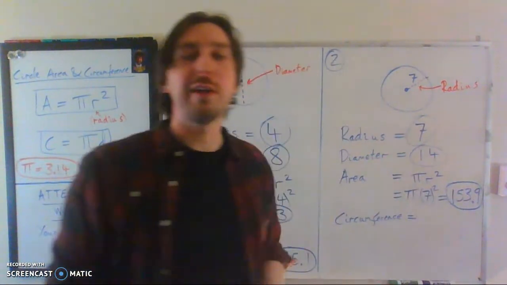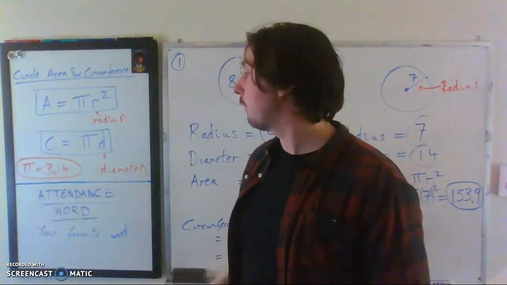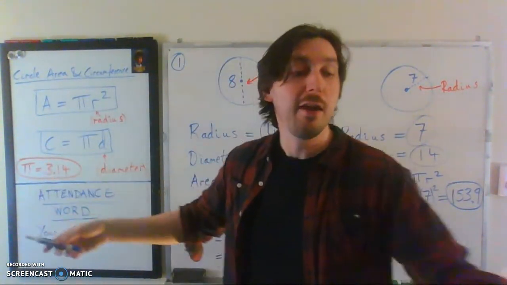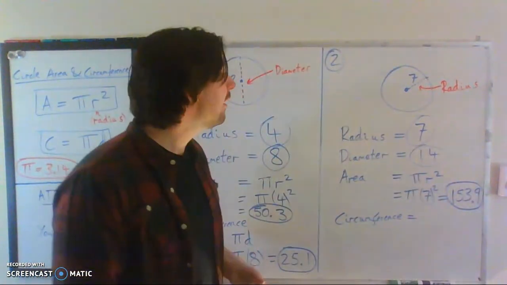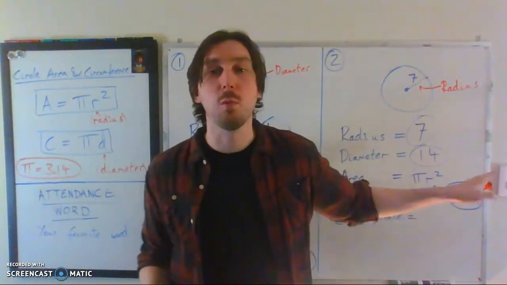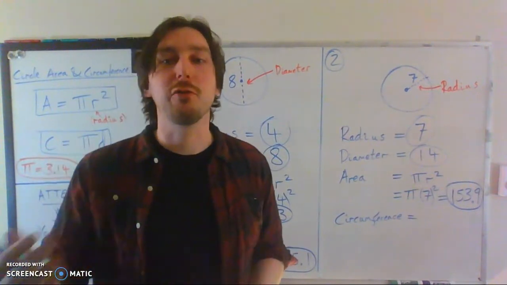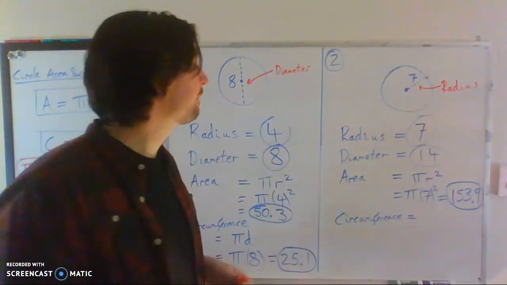If you use a different number for pi, maybe 3.14 instead, you'll get a slightly different answer, like 154.1. That's okay. I'm still going to mark you correct as long as it's close.